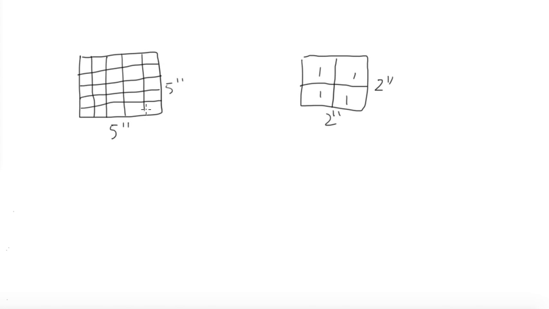All right. So, to find the area, just like with the rectangle, we need to know how many inches are in this square. We just count them up. We go 1, 2, 3, 4, 5, 6, 7, 8, 9, 10, 11, 12, 13, 14, 15, 16, 17, 18, 19, 20, 21, 22, 23, 24, 25. And over here we have 1, 2, 3, 4. All right, so this is 4, and this is 25.